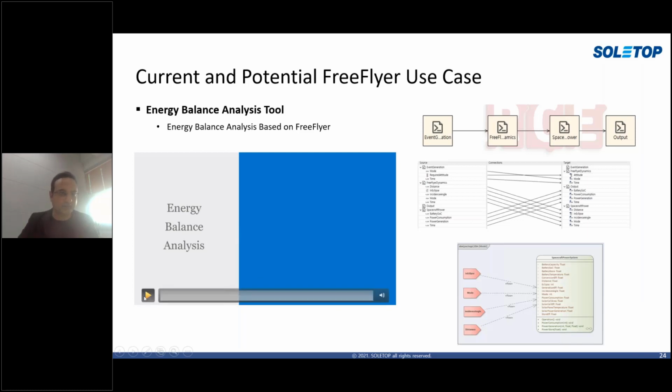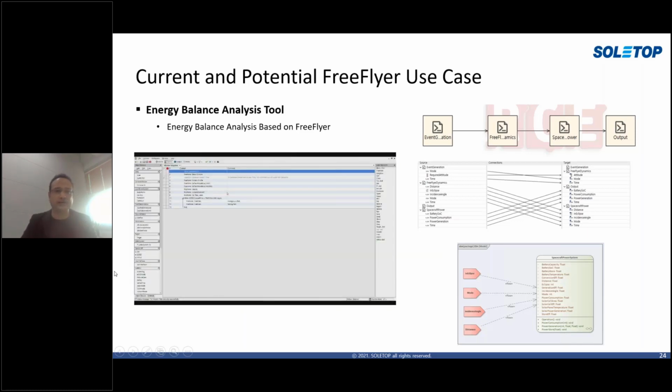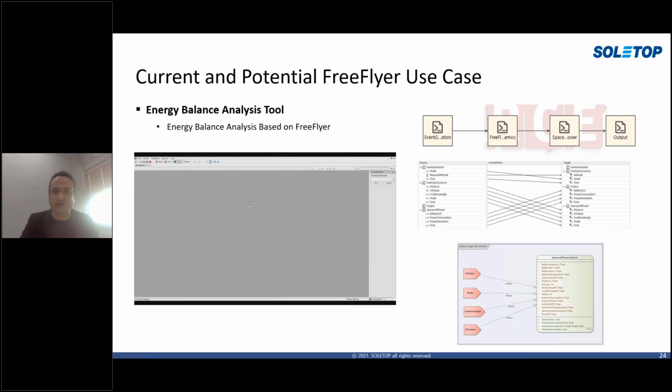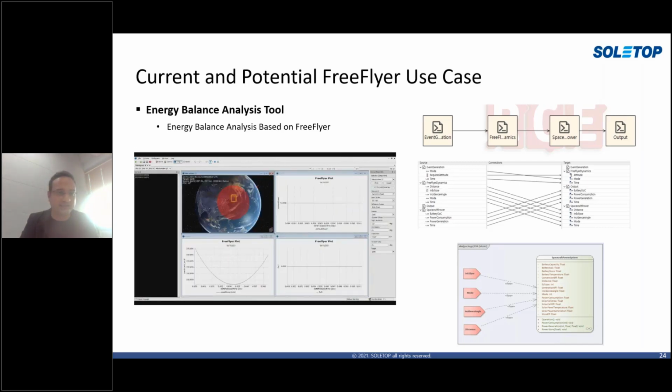As we have very little time remaining, I would just like to show the energy balance analysis tool here, which was developed recently for a customer here in Korea, and these are the results being generated, quite effective.